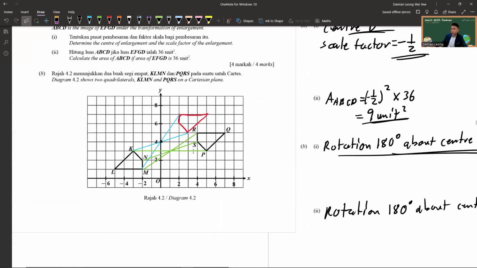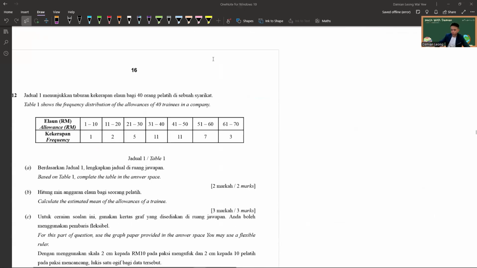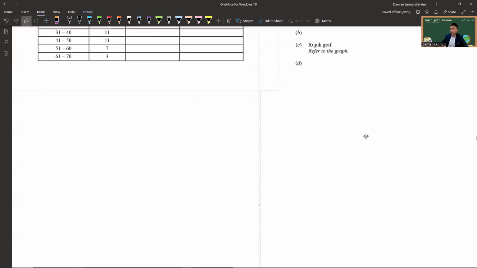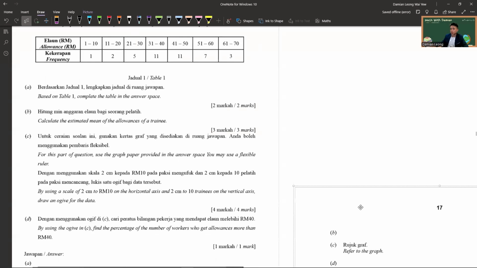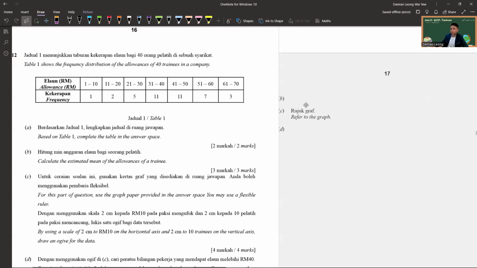Okay, that's question 11. Then we look at question 12. Based on table 1, complete the table in the answer space.